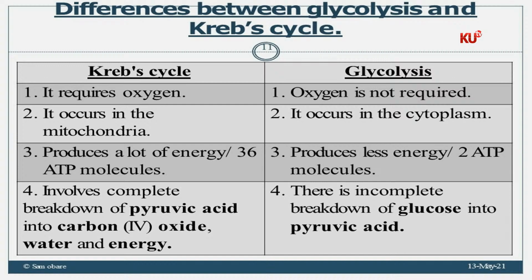The Krebs cycle involves complete breakdown of pyruvic acid into carbon dioxide, water, and energy, which is less harmful. Glycolysis involves incomplete breakdown of glucose into pyruvic acid.